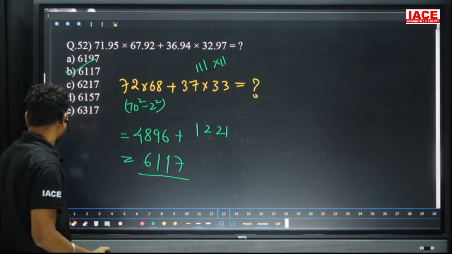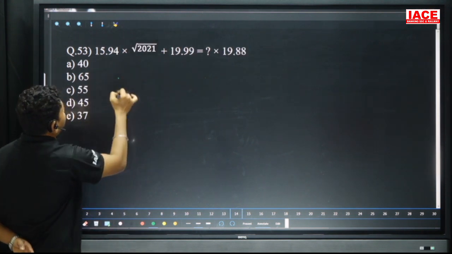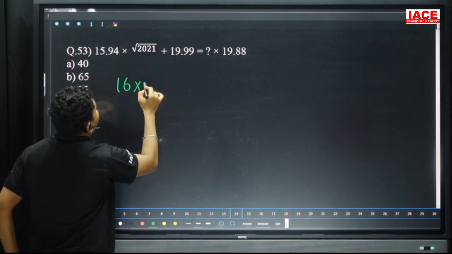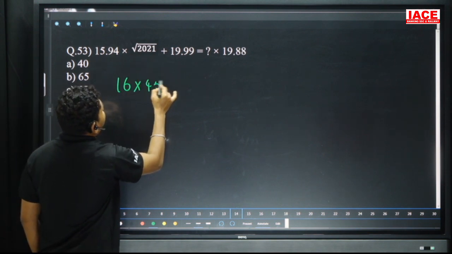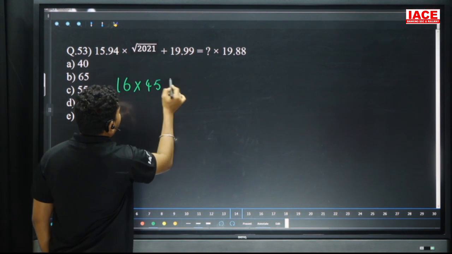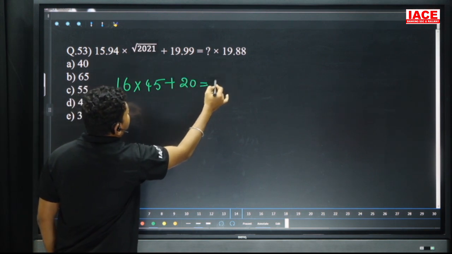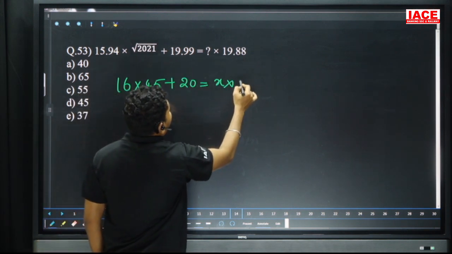B here. Next, 15.94 we can write 16. 2025, this we can write 45 plus 45 plus 20 which is equal to x into 20.